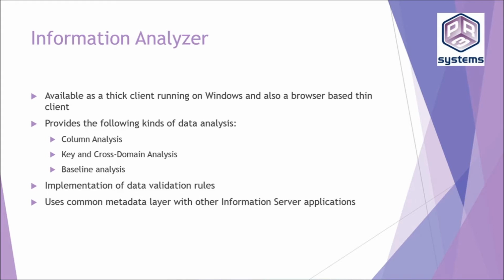A lot of these things can be analyzed in Information Analyzer, and once you identify the problem, you can cleanse the data in QualityStage. So unless you identify what the problems are, you cannot fix them. So column analysis and data profiling is a very critical step to understand what the data quality issues are within your data.